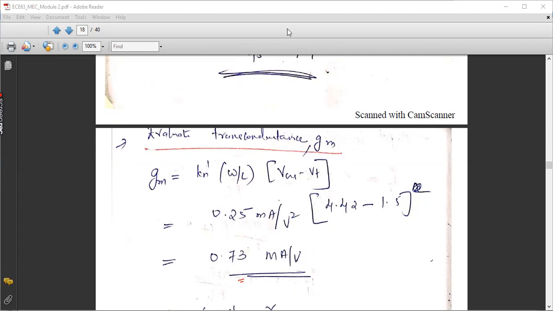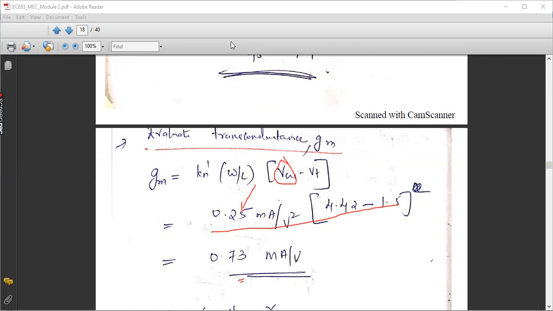VGS, right now we have calculated VGS also. VGS is nothing but your VD, 4.42. VT is known to you. Kn dash W by L is also given for you. So your answer will be 0.73 milliampere per volt after simplifying this. That you can do by yourself.